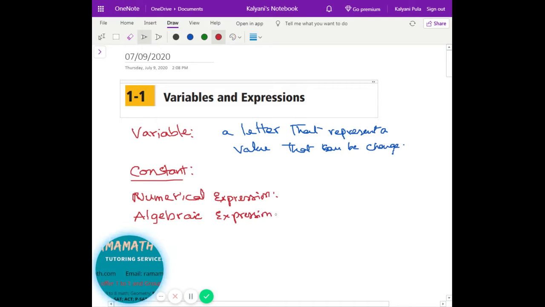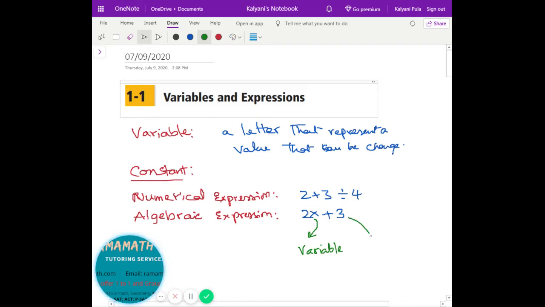Numerical expression means, let's say I write 2 plus 3 times divided by 4, like that, that is a numerical expression. But the algebraic expression means 2x plus 3. This is a good example for the algebraic expression. In this one, you can see this x is called the variable.